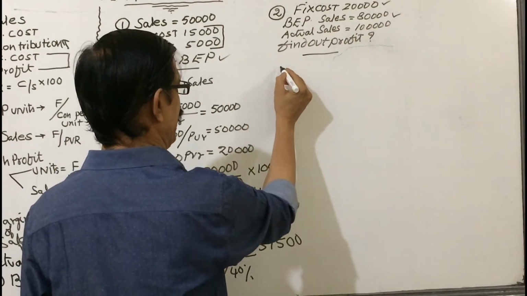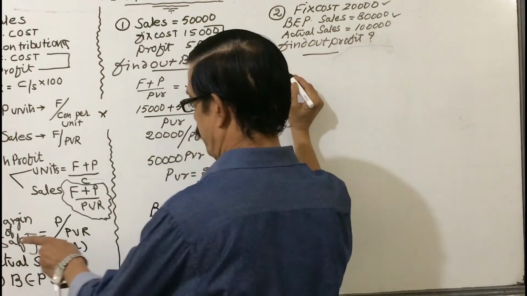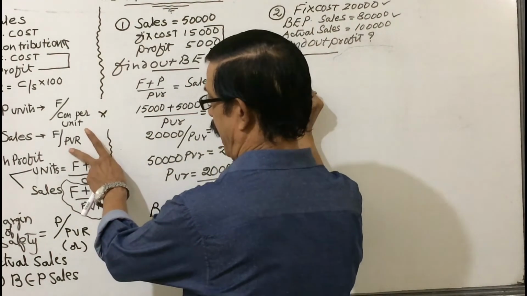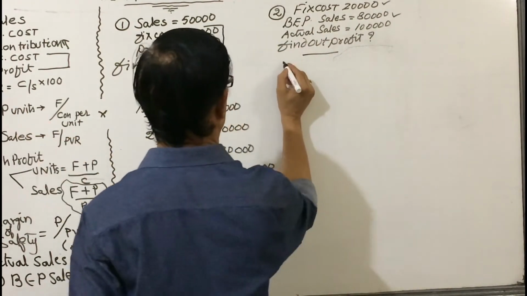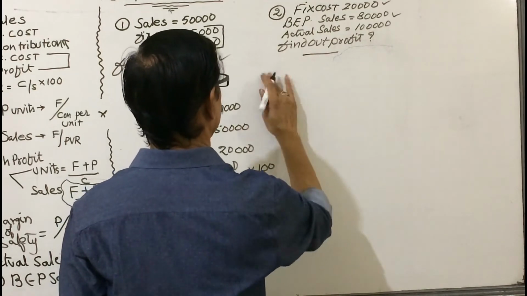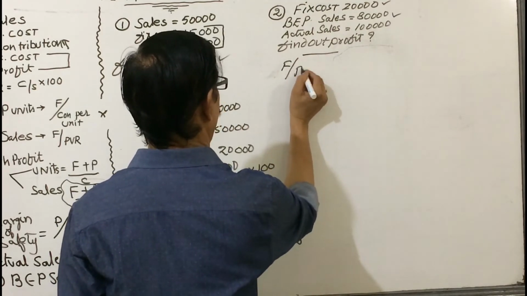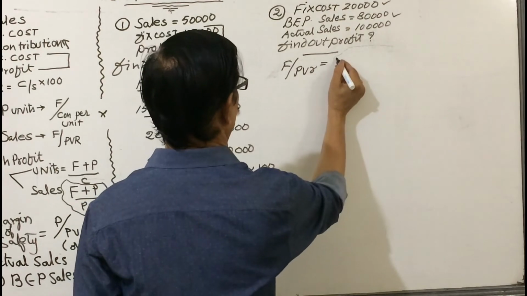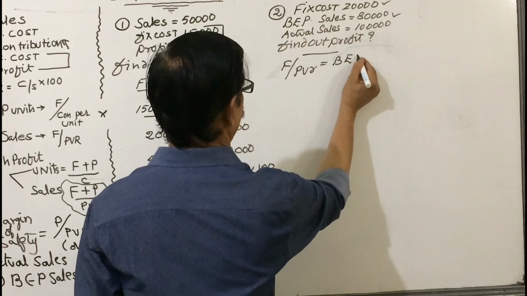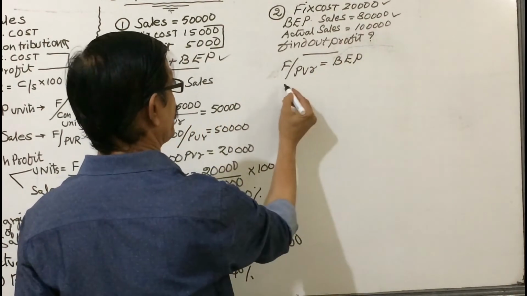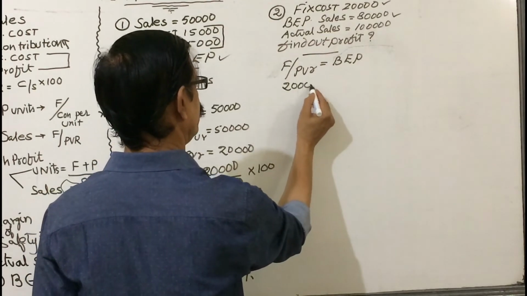Then break-even point is equal to F divided by PVR. F divided by PVR is equal to BEP sales. I know fixed cost 20,000.